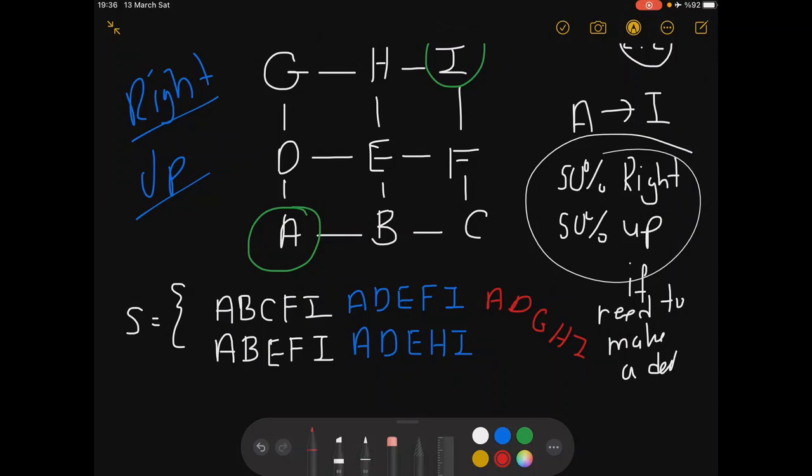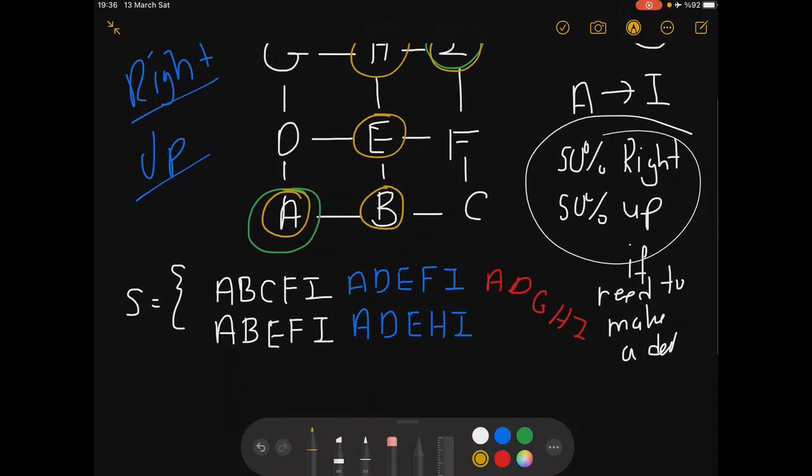I think we forgot something, right? Where is your A, B, E, H, I? That's also missing here. A, B, E, H, I. I hope we did this correctly.